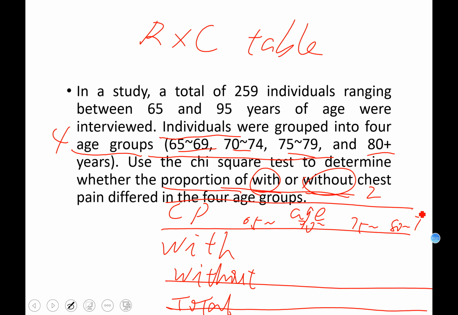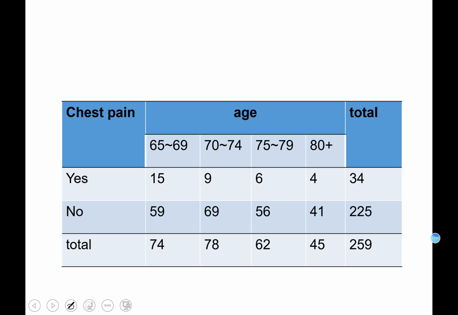And don't forget the total. So we need to list all the numbers into the contingency table. So here the table is constructed. This is with and this is without. We have got all of the numbers.